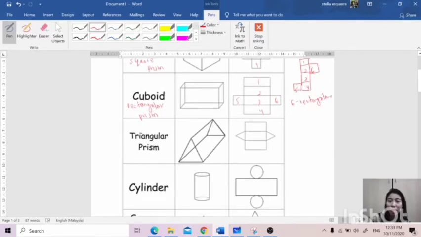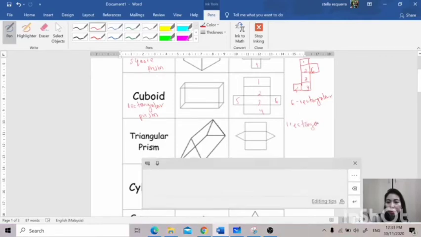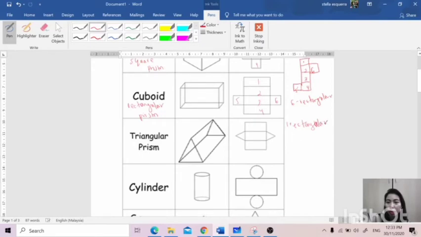Now, next is the triangular prism. A triangular prism has 3 rectangles and 2 triangles.